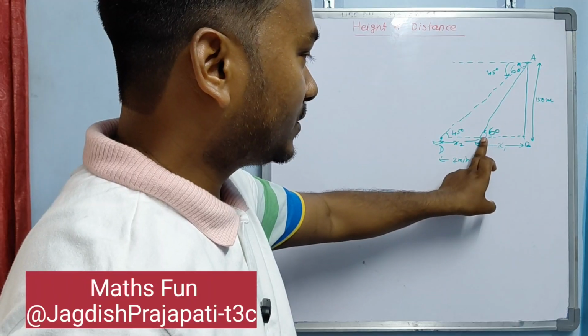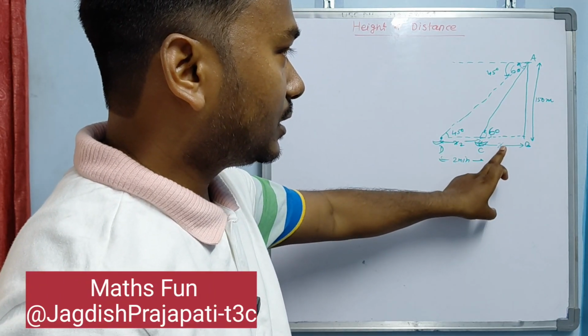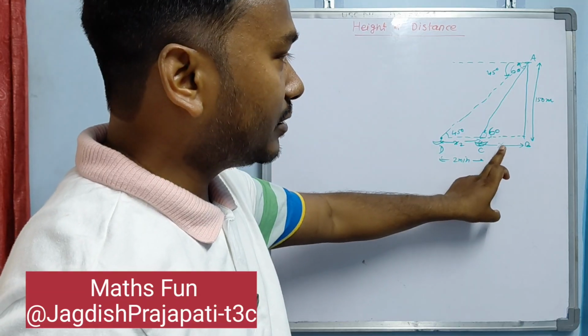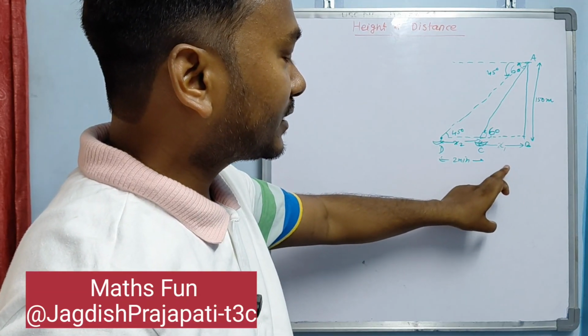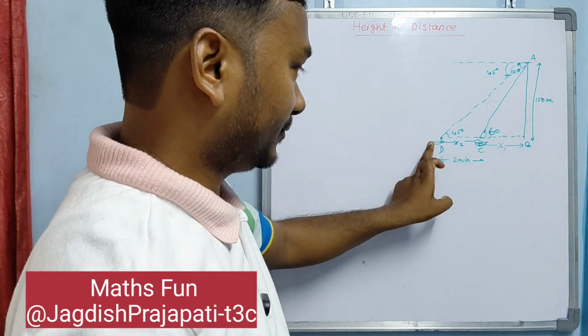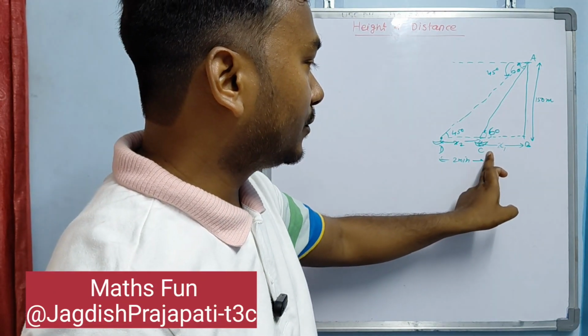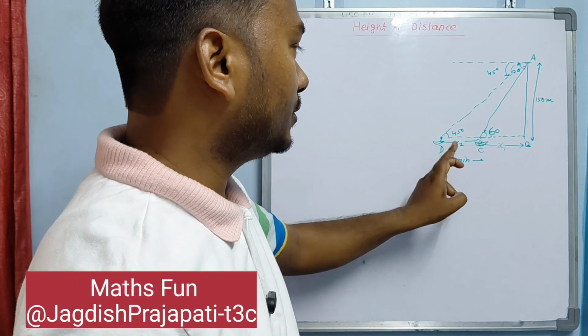C is the point where the boat is moving away from the cliff, and after 2 minutes it reaches the point D. Let BC equal x1 and CD equal x2.